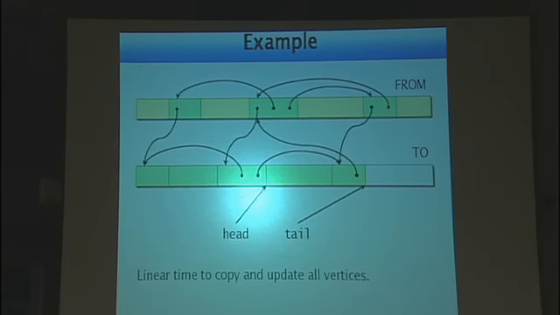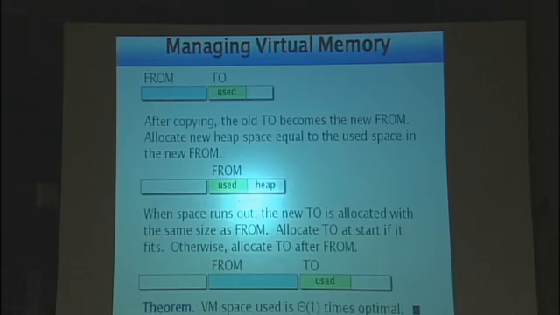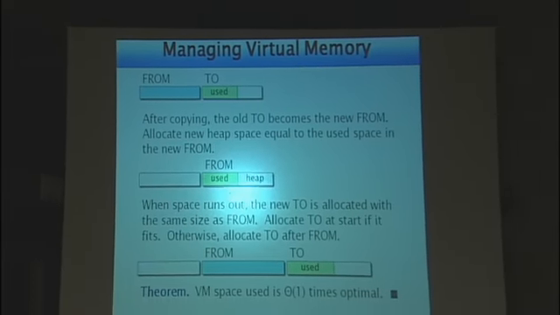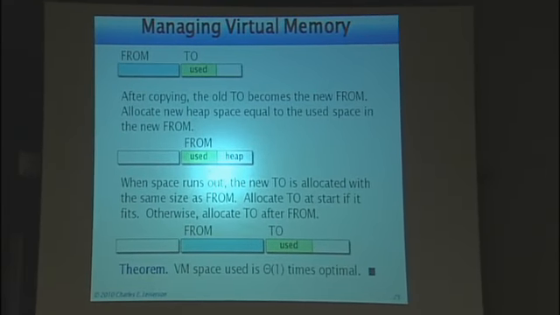Okay. Now, the last thing you have to do, and this is something that's not talked about a lot in the literature, is how do you manage these from and to spaces in virtual memory? Okay? So here's the strategy that works well. Typically, after I've done a copy, I've emptied everything out of the from space, and I've got a portion that's used in the to space, and then an unused portion that I'm going to be able to do allocations out of for the next pass around.